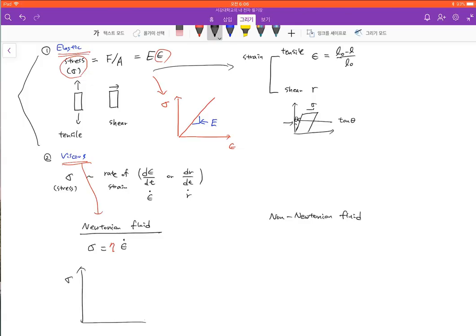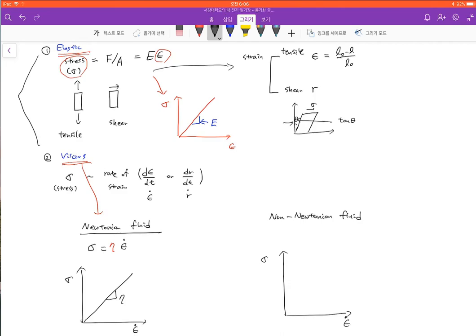So for a Newtonian fluid, stress is proportional to rate of strain and shows linear behavior, and the slope is given by viscosity.